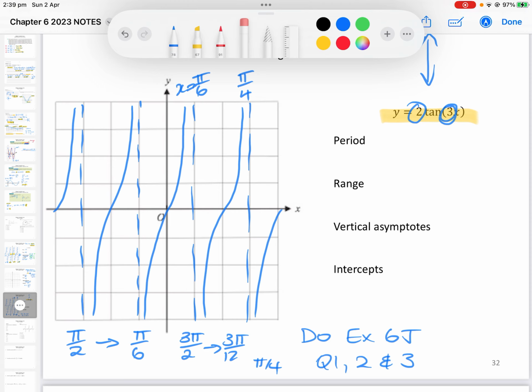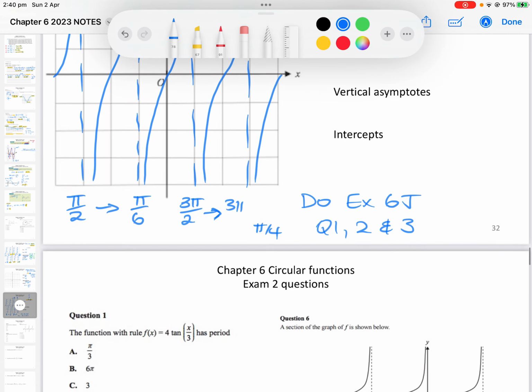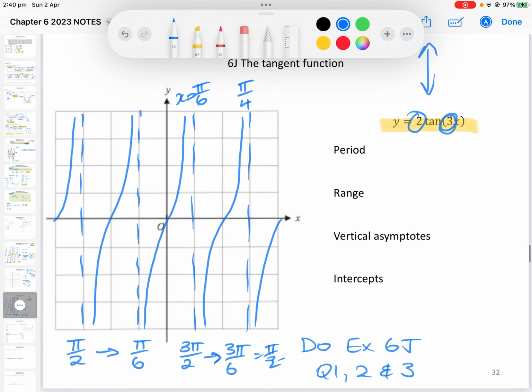Which makes me realise this is wrong, isn't it? Because, sorry for the pause, we said the dilation was 1/3. So if I times this by 1/3, I actually get 3 pi on 6, which is pi on 2, and that sounds better to me. So I'm going to do pi on 6, and then I'm going to do pi on 2.